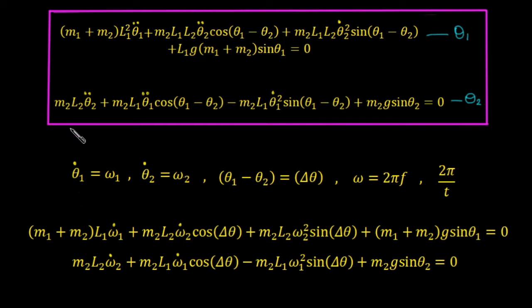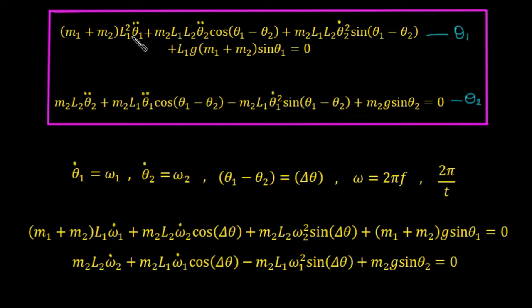So what we want to do is replace the terms up here with these terms here and simplify this down a little bit. We can replace the theta 1 double dot here simply with omega 1 dot, because omega 1 is the rate of change of this angle with respect to time, but it's been differentiated once more, so omega 1 dot will equal theta 1 double dot.